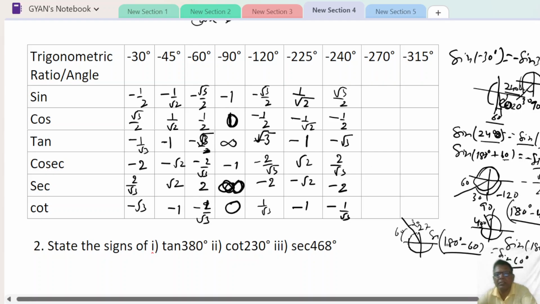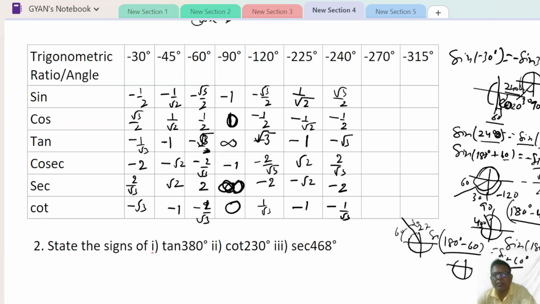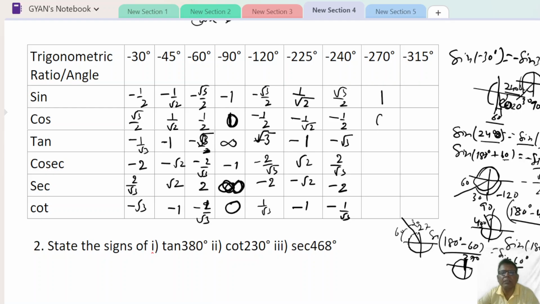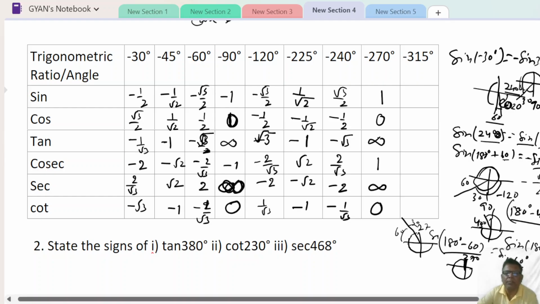Now 270 degree. 270 degree, where is it lying? There, 180, 180 plus 90, 270. For 270 degree, the 90 degree formula will apply. So sine 90 degree is 1, cos 90 degree is 0, tan 90 degree is undefined. So reciprocal of 1 is 1, reciprocal of 0 is undefined, and reciprocal of undefined is 0. Now 315 degree.